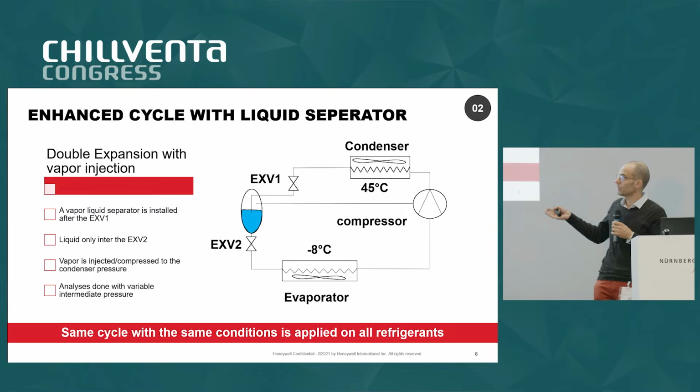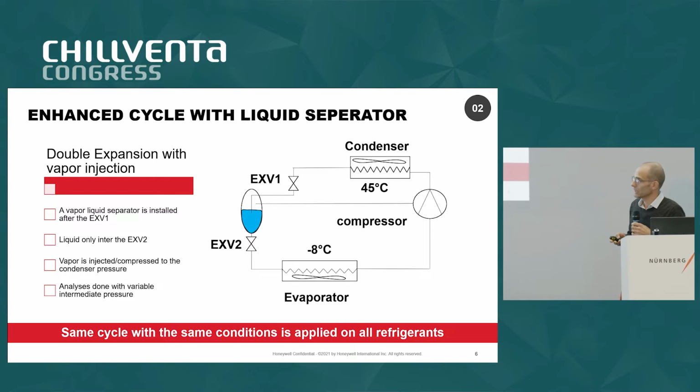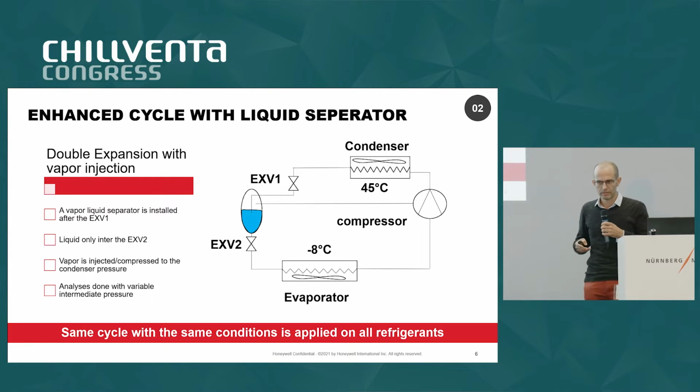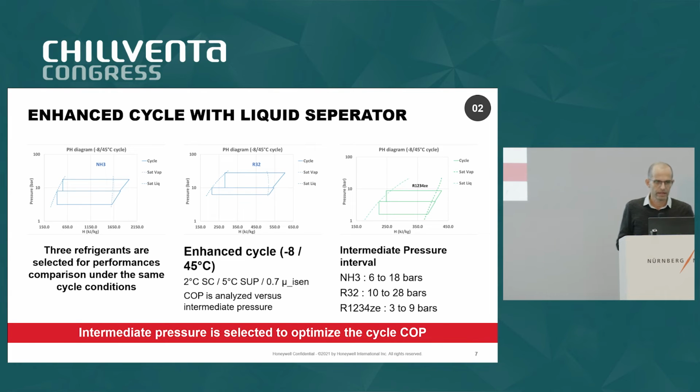So what will happen when we do this? I will apply this to different refrigerants to see what the impact will be. So let's take 3 refrigerants. I cannot do all the refrigerants. I took the 2 main ones, ammonia and ZE, and I added R32 just for comparison.